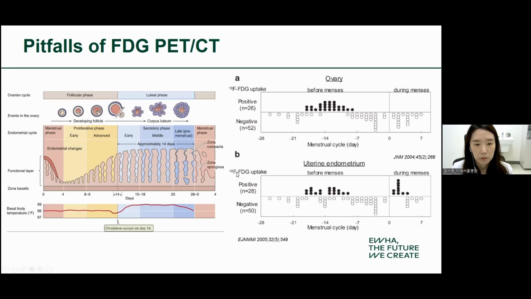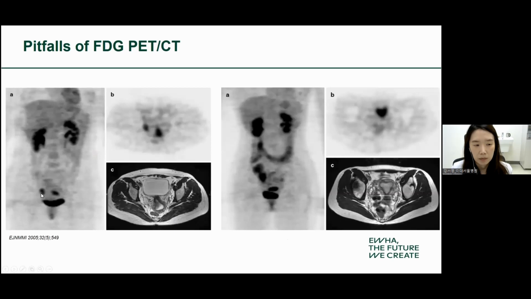With that information, we can more easily guess the uptake pattern of the uterine cavity or ovaries. However, that is not perfect. So I'd like to say we should interpret the uptake of ovary and uterus cautiously.